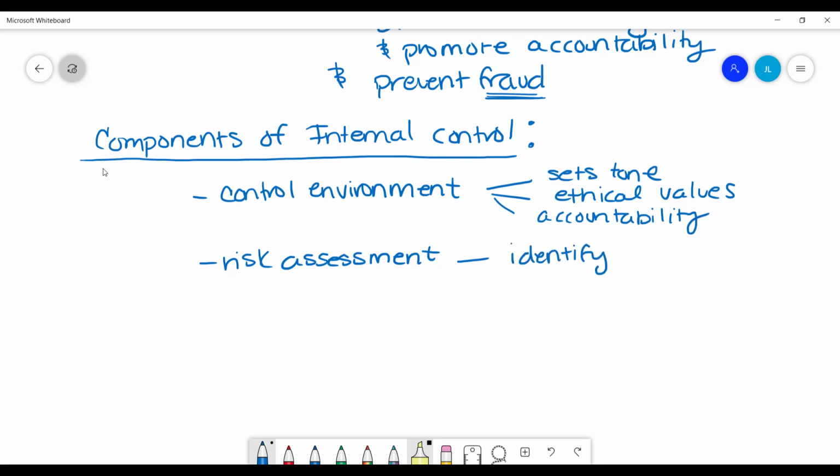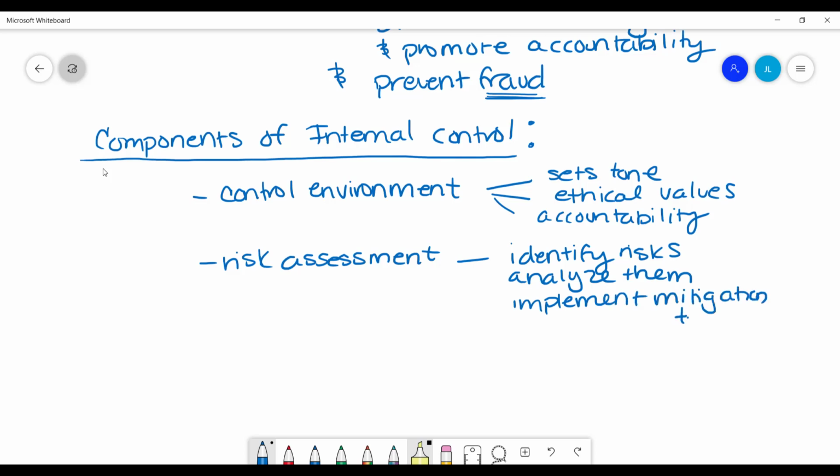So you can't do anything about risks if you don't identify them, right? So identify risks, analyze them, okay, and then implement mitigation techniques, right? And what the heck is that? That's just basically, what are you going to do about that risk? What are you going to do about that, right?